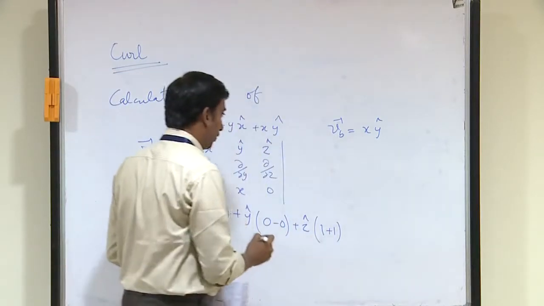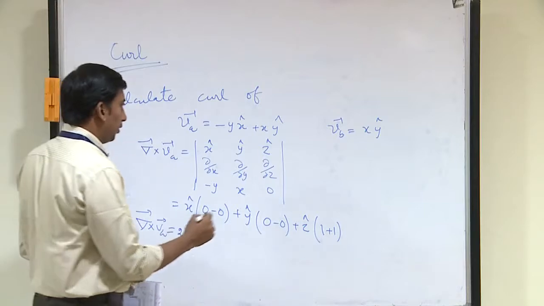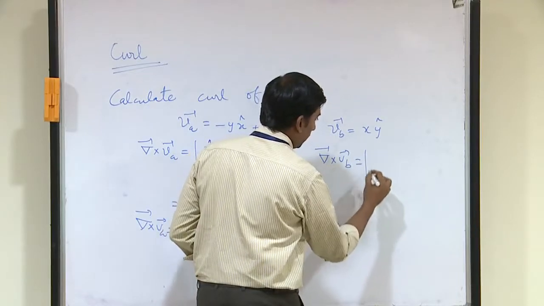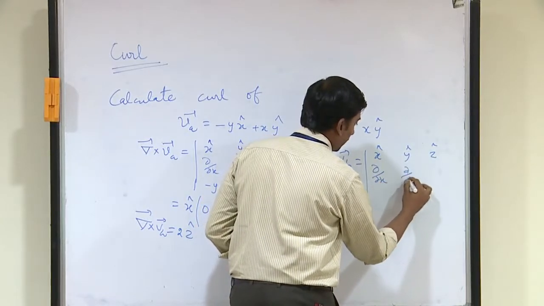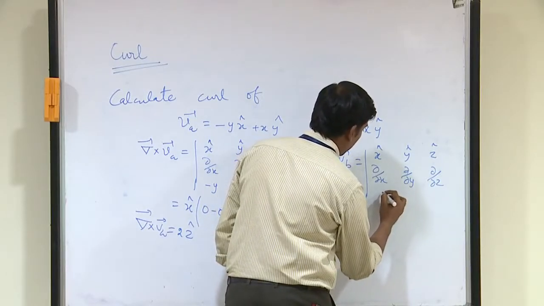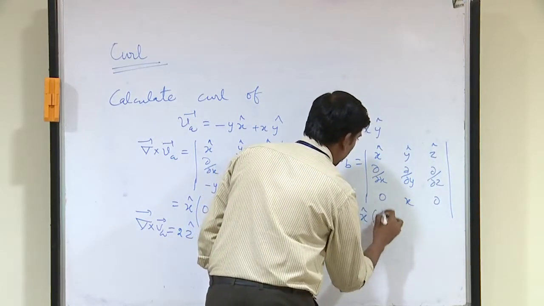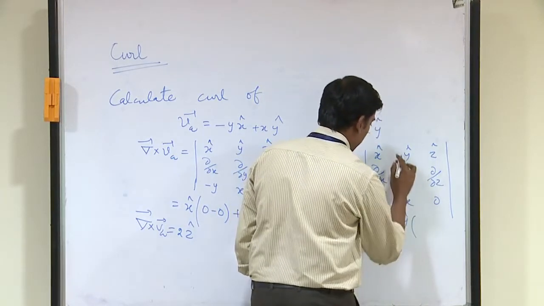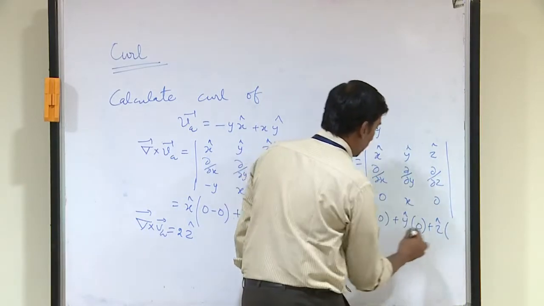Similarly, if we do the same for the second vector field, with dou by dou x, dou by dou y, dou by dou z, and 0, x, 0, you get x cap into 0 plus y cap into 0 plus z cap into 1.